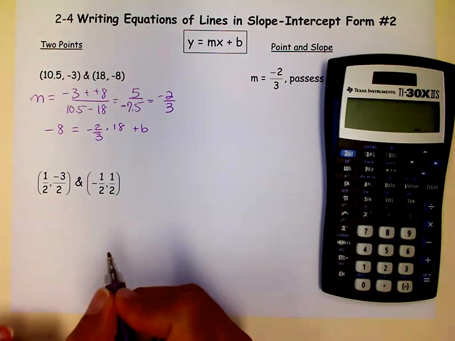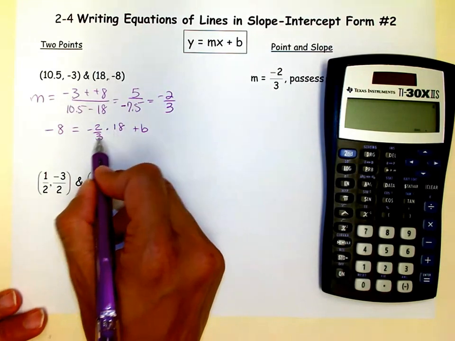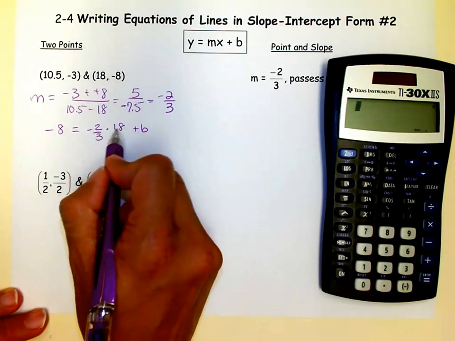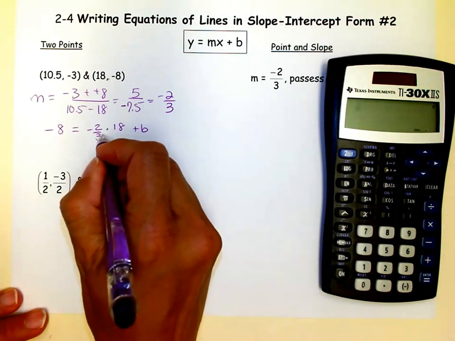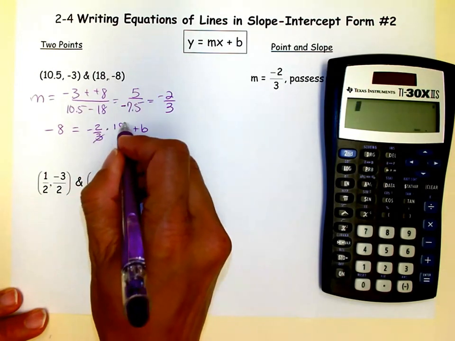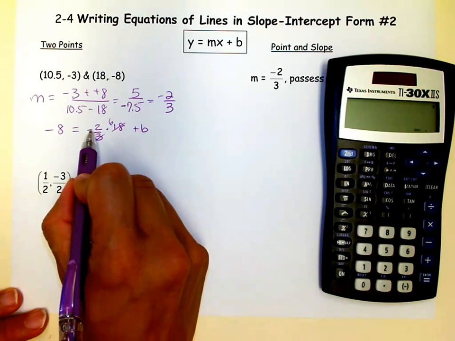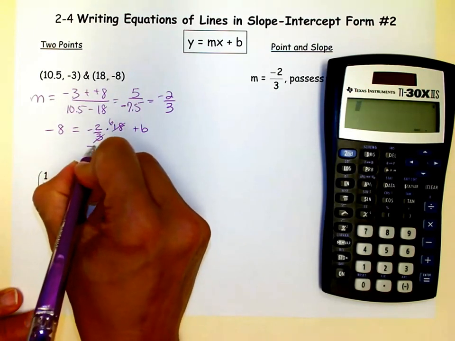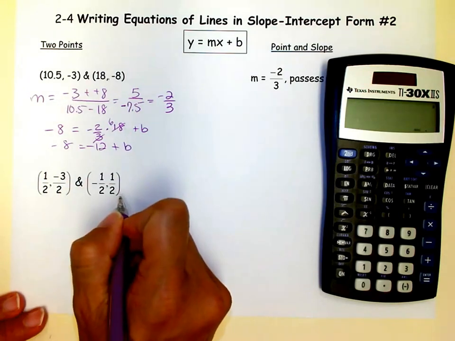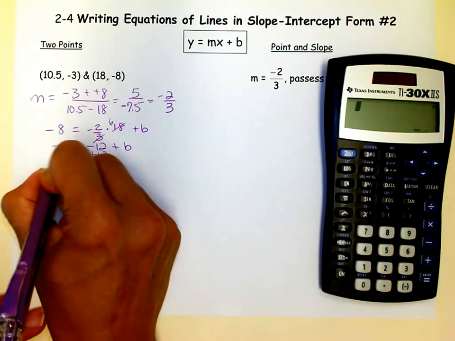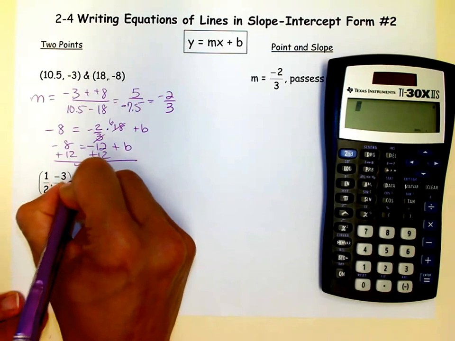The first thing we want to do is multiply or divide. They have the same priority in order of operations. So I like to cancel first, usually divide first. 3 goes into 18 6 times, and then I'll multiply. Negative 2 times 6 is negative 12. So now I have negative 12 plus b equals negative 8. If I add 12 to both sides, we get 4 equals b.